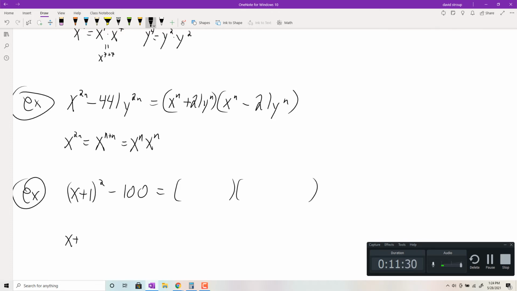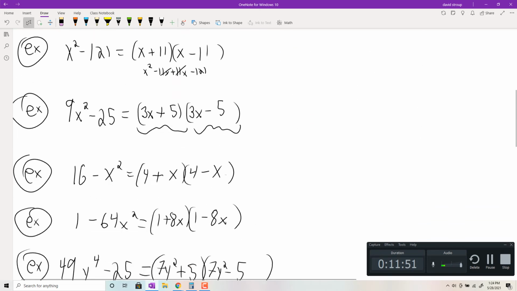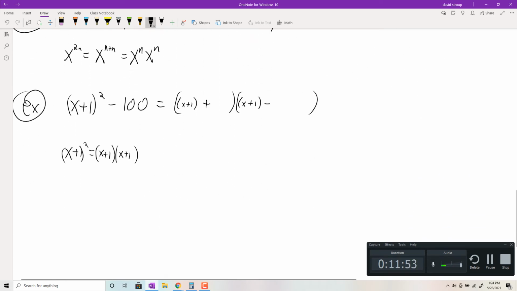Well, let's think about that. x plus 1 squared is the same thing as x plus 1 times x plus 1, right? So I could put an x plus 1 in this position, and I could put an x plus 1 in this position. And then it's plus, minus, and then what times what is 100? That's one of our perfect squares in our list, right? It's just 10 squared. So 10 and 10.